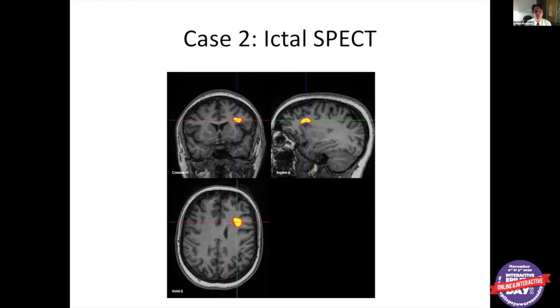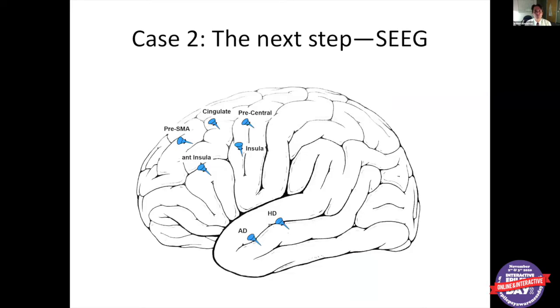And that turns out to be the case in this patient. So the next step in something like this, it's almost like a needle in a haystack. We have a couple of clues. PET says one area, which is totally in a different location than the SPECT. They both could be related. Turns out they are. But we need a lot more precision before we could ever entertain the possibility of surgical treatment.